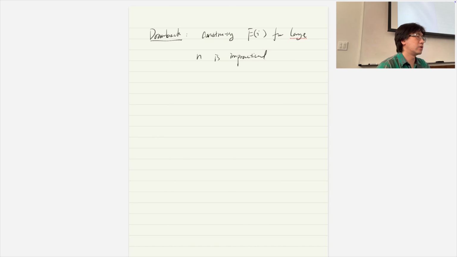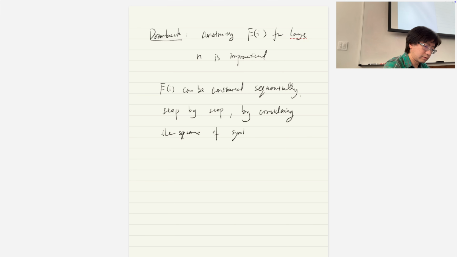Okay, so basically what we do is that this can be constructed sequentially, step by step, by considering the sequence of source symbols x1, x2 up to xn, and so on.